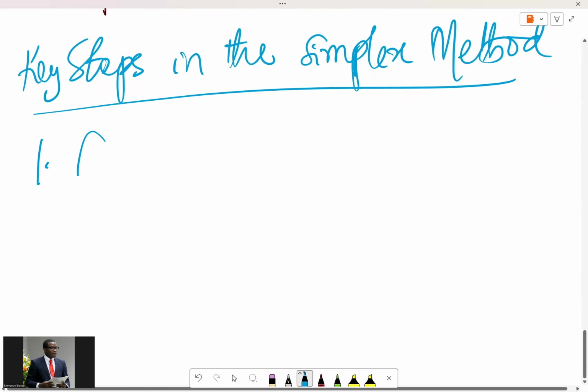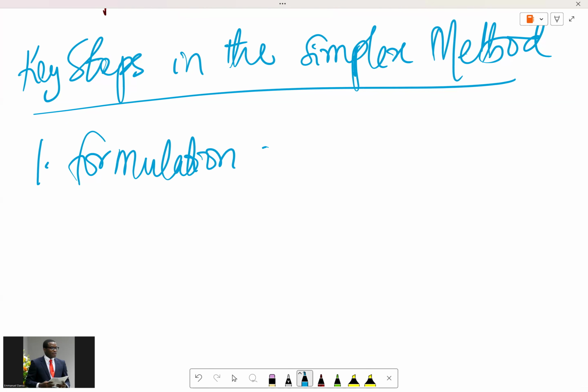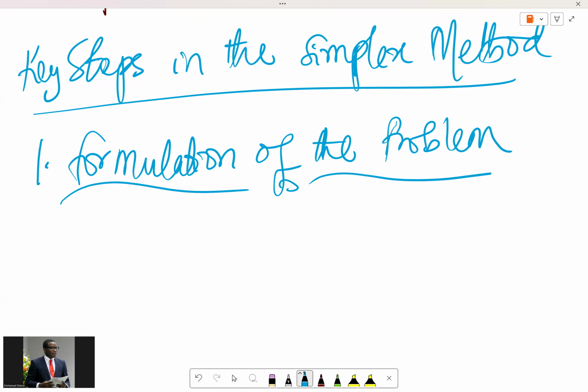Number one, you have to formulate the problem, which we are already used to. Formulation of the problem, definitely a linear programming problem.